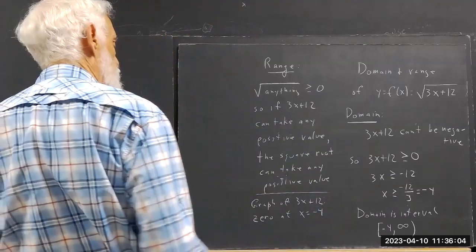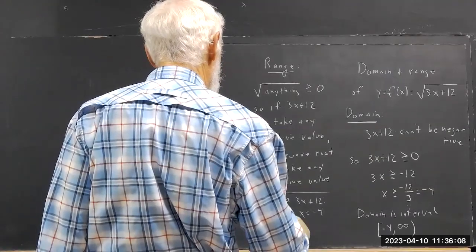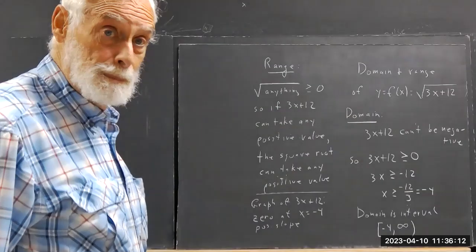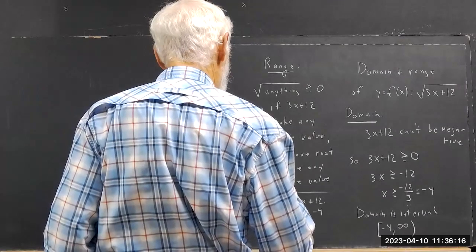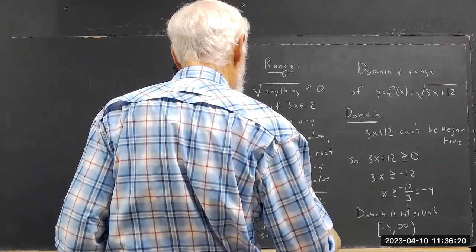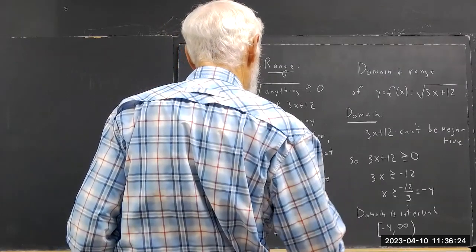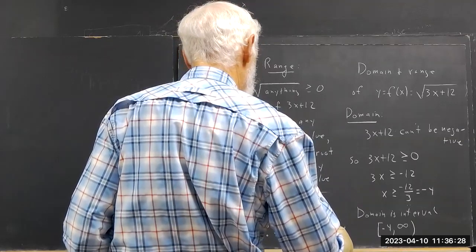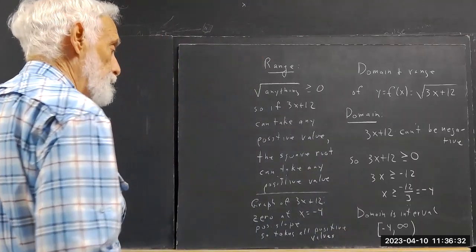Zero at x equals negative 4. Got a positive slope. It takes all positive values.